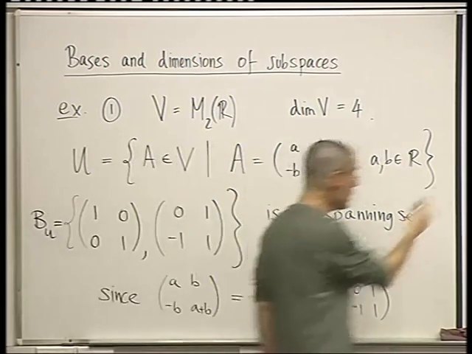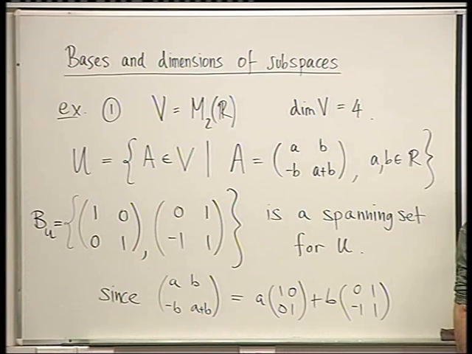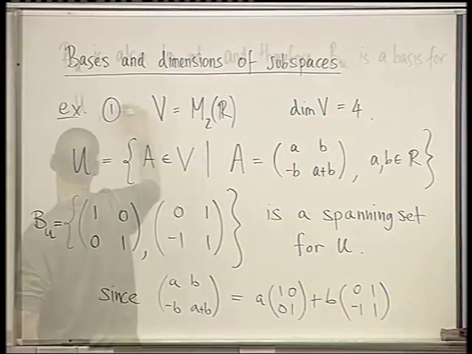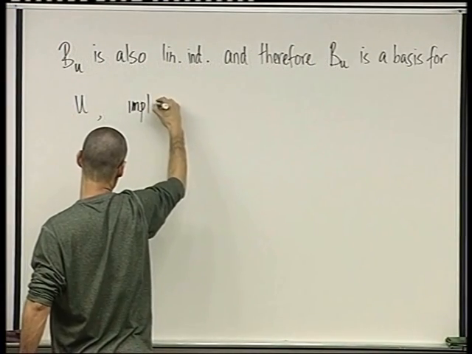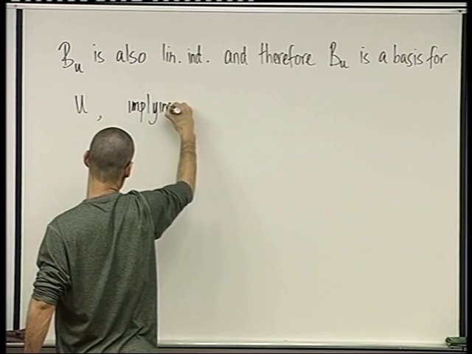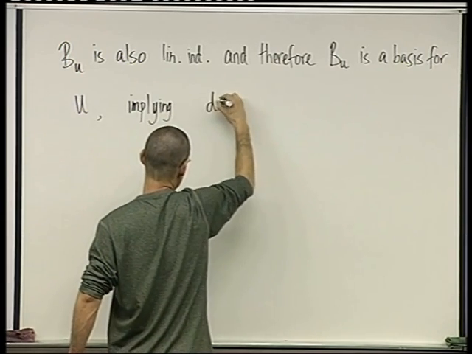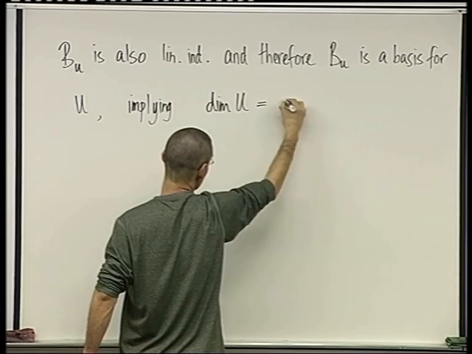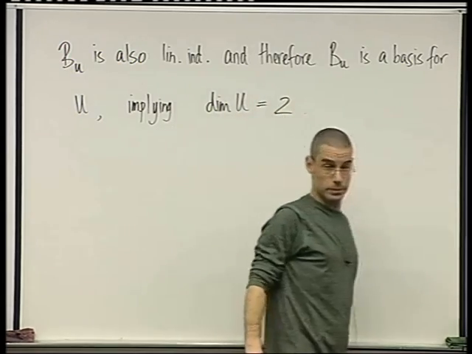So B sub U is also linearly independent, and therefore B sub U is a basis for U, implying that, what is the dimension of U? 2.